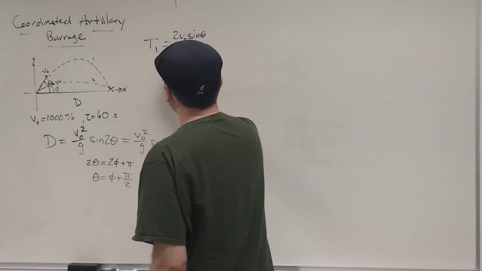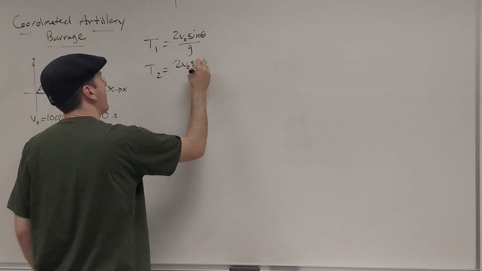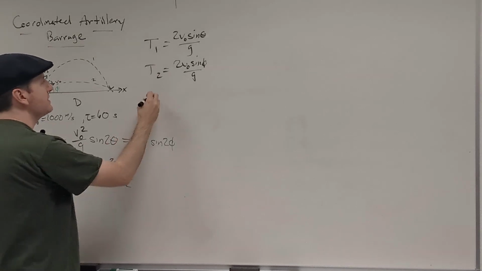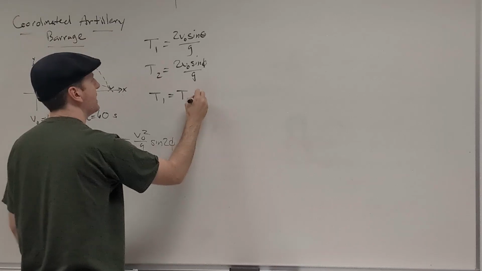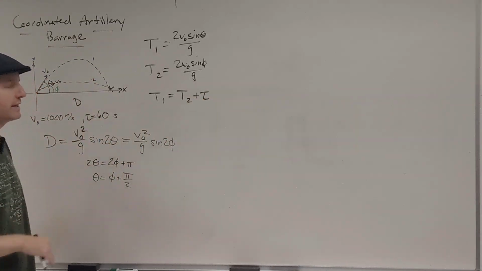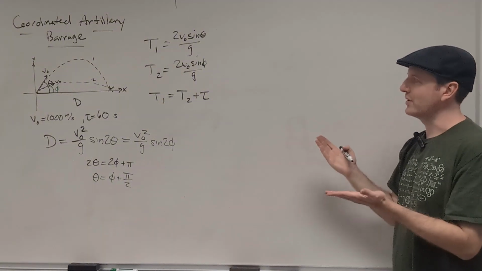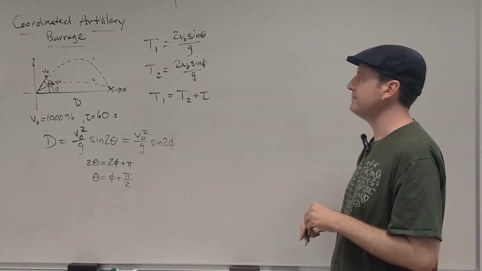And similarly, t2 involves phi. And what we do know about these is that t1, the longer time, has to equal the shorter time plus this firing interval time of 60 seconds. That's how far apart they're firing, because I want to make sure that they land at the same time.